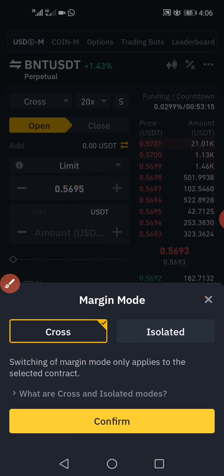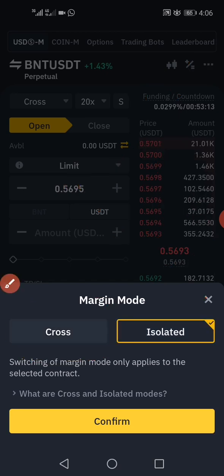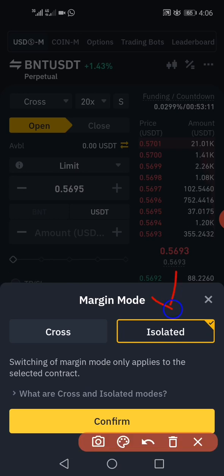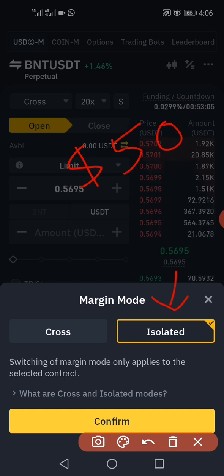But when you talk of isolated, isolated means, if I have $50 in my futures wallet or account, and I want to use $5 to trade, or $10 to trade, remaining $45.